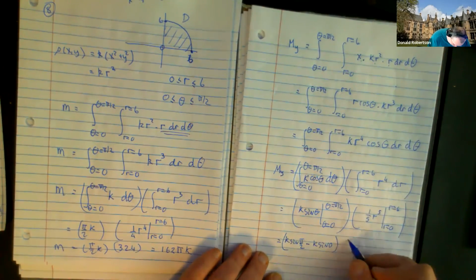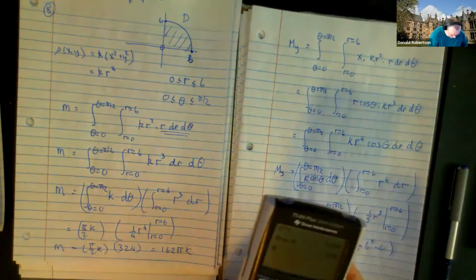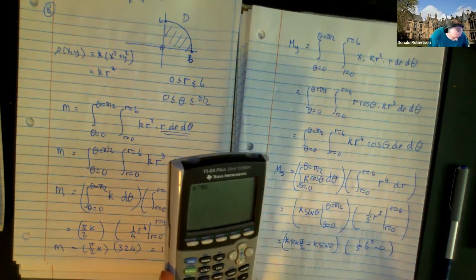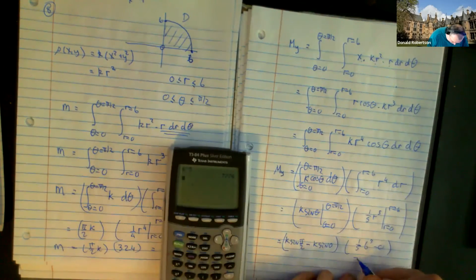And this guy just gets you 1/5, 6 to the power of 5, take away nothing. 6 to the power of 5 is 7776, so 7776 fifths.